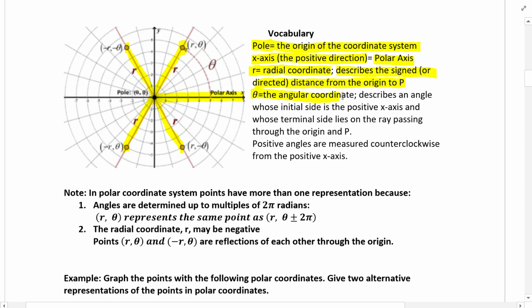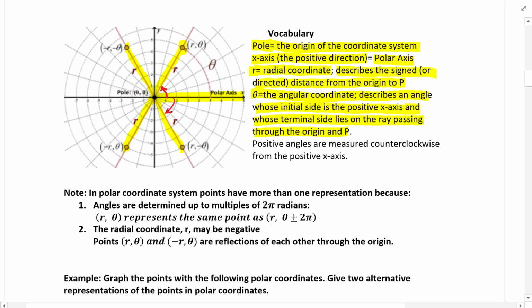Theta is the angular coordinate. It describes an angle whose initial side is the positive x-axis and whose terminal side lies on the ray passing through the origin and P.